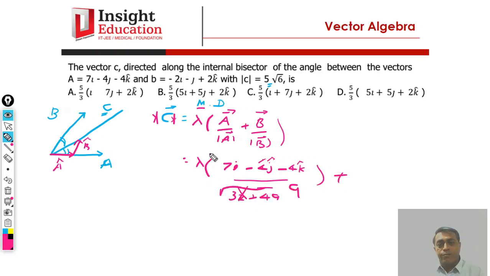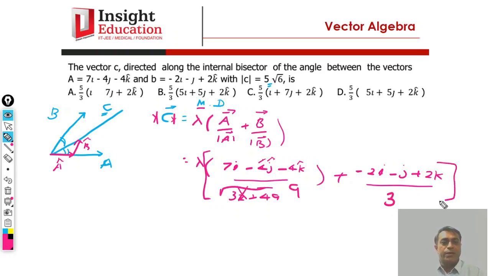Plus B, which is minus 2i minus j plus 2k, divided by under root 4 plus 4 plus 1, so that is divided by 3.